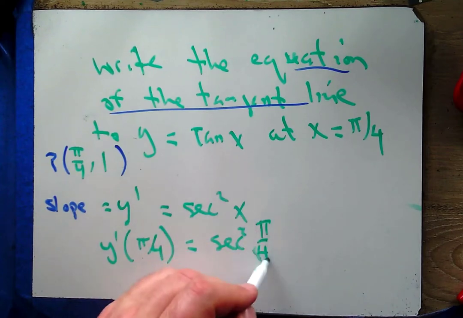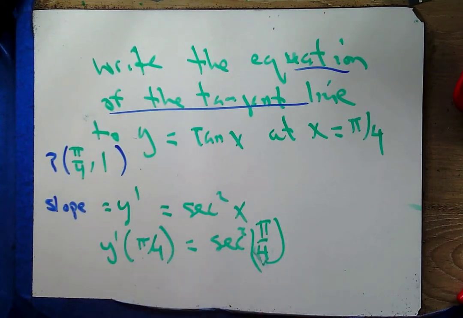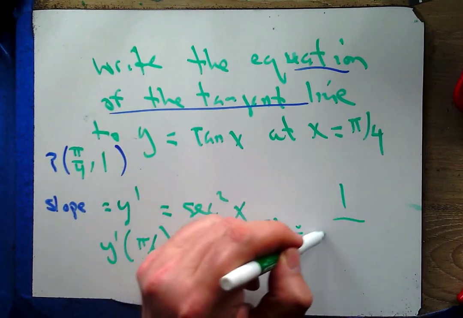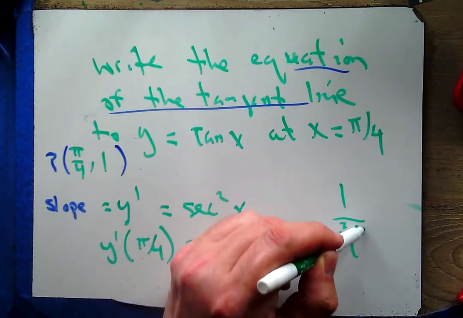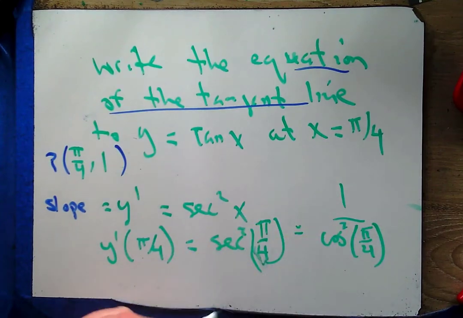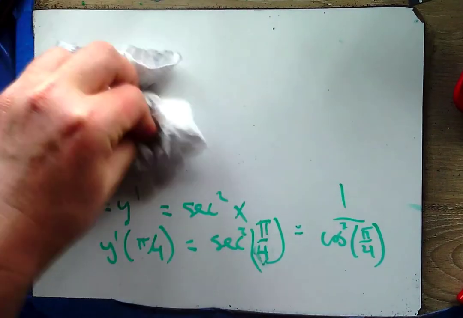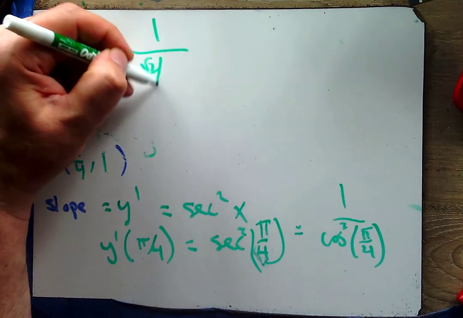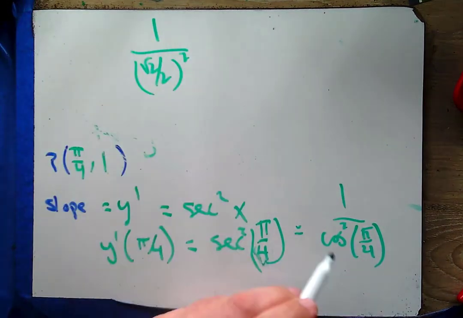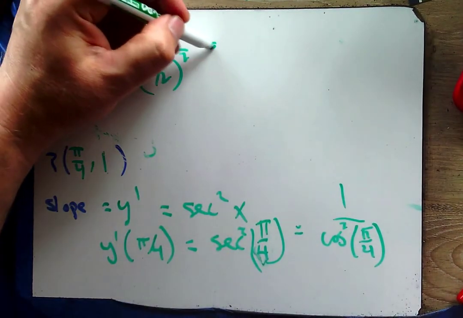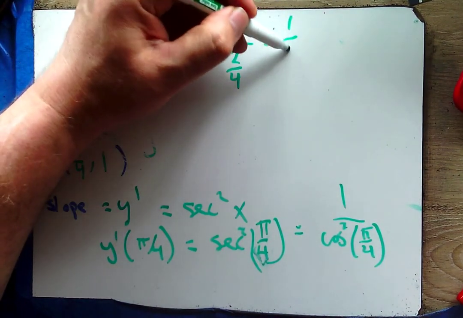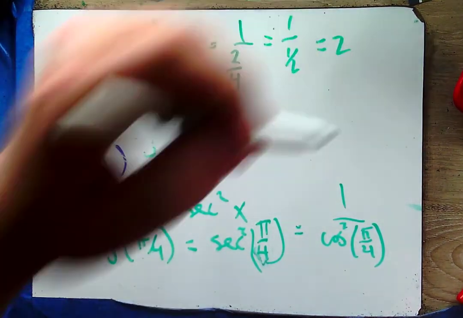of pi over 4. Now, I'm not so comfortable with secant squared, but I am pretty comfortable with 1 over cosine squared pi over 4. What is the cosine of pi over 4? That's right, root 2 over 2. So I have 1 over root 2 over 2 squared, because this was cosine squared. That's going to be 1 over 2 over 4, which is 1 over a half, or 2.